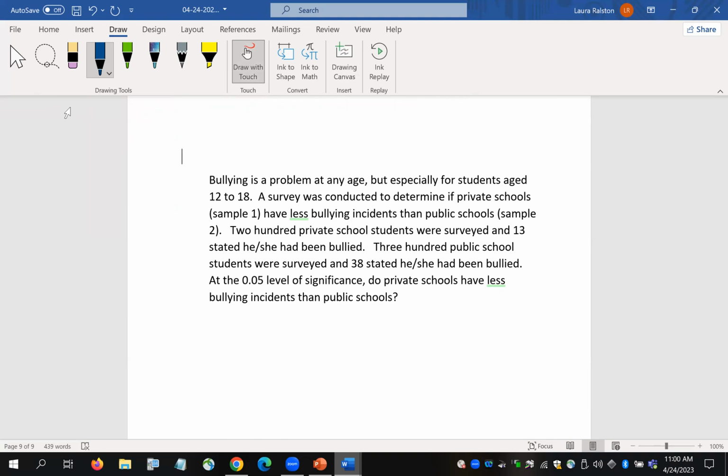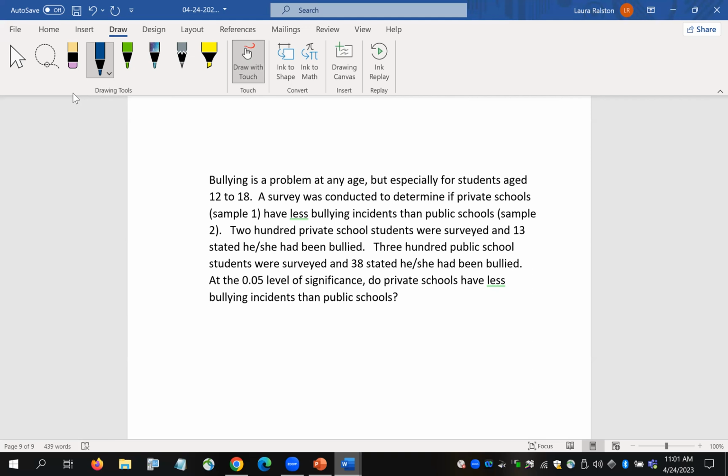A survey was conducted to determine if private schools have less bullying incidents than public schools. 200 private school students were surveyed, and 13 stated he or she had been bullied. 300 public school students were surveyed, and 38 stated he or she had been bullied. At the 0.05 level of significance, do private schools have less bullying incidents than public schools?